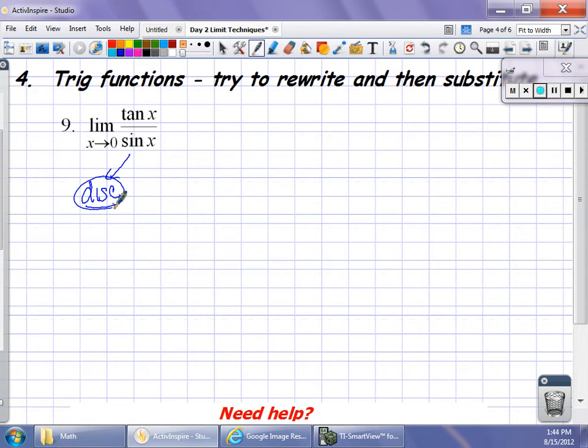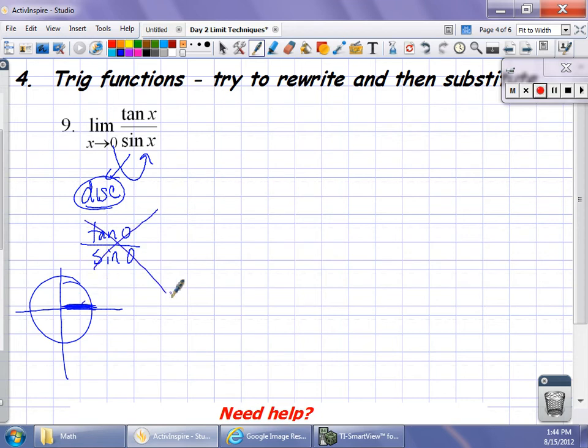So we have to be careful. But the first thing you always try to do is try direct substitution. So tangent of 0 over sine of 0. Well, if you think about the unit circle, the y value at 0, which is right here, is 0, so can't use direct substitution.